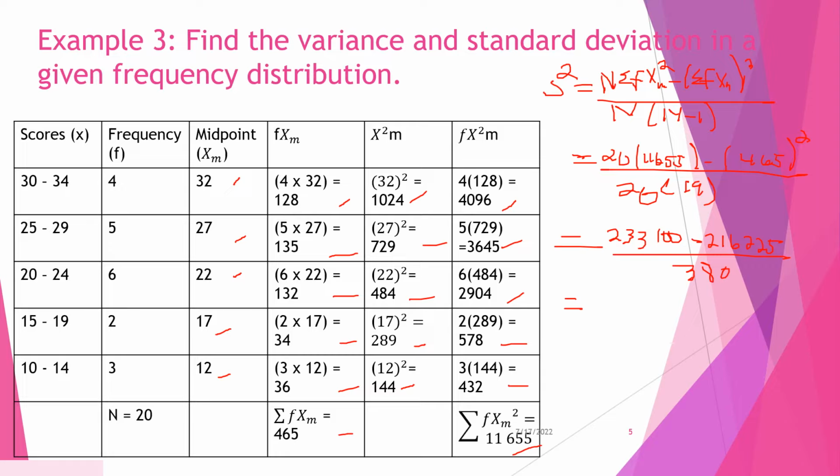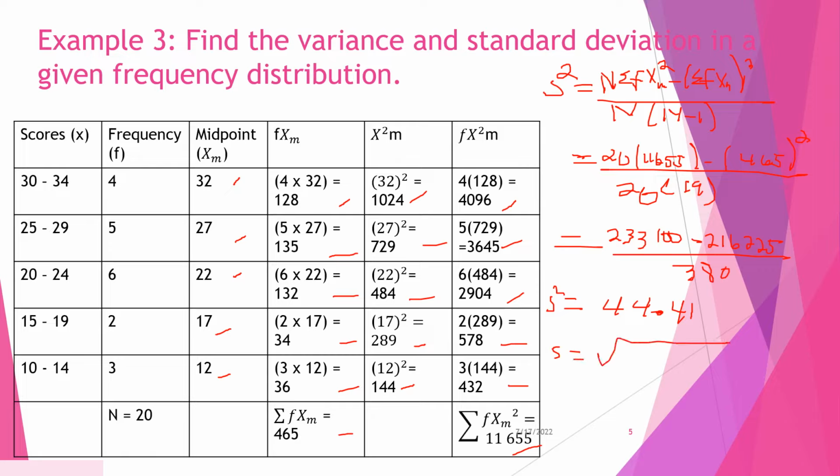So the variance is 44.41. If we extend it, the calculator shows 44.404794. Okay, so get the square root to get the standard deviation.